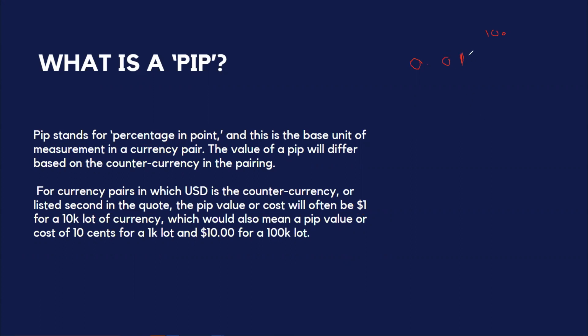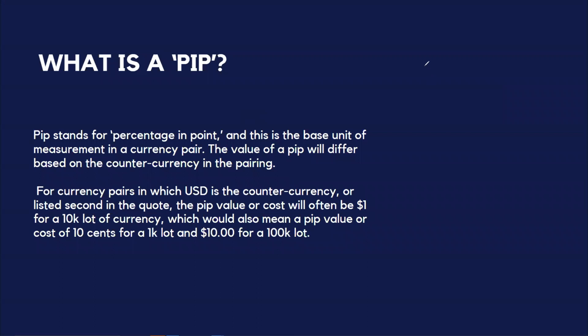And in that way, to convert to units of currency, I'm sure by now you understand: it is 1,000 units of currency. Also, a pip value or cost of 10 cents is equal to 1K or 1,000 units of currency. So that much to understand.